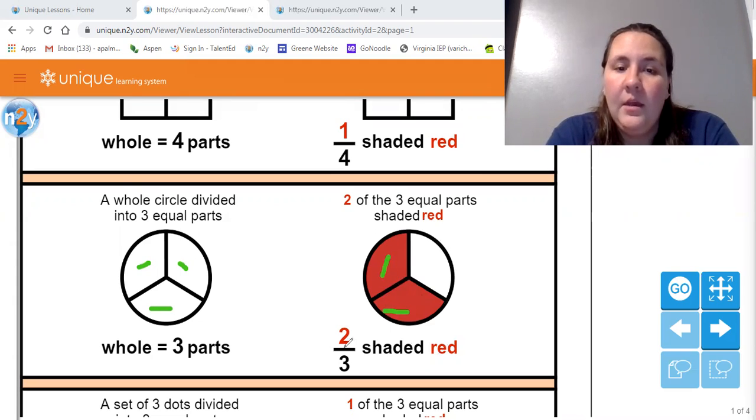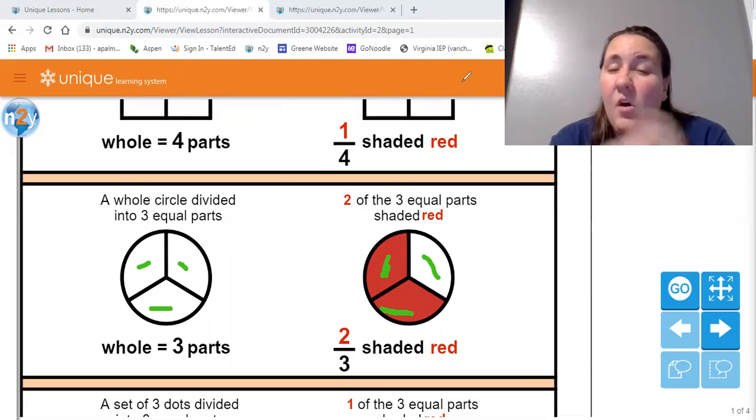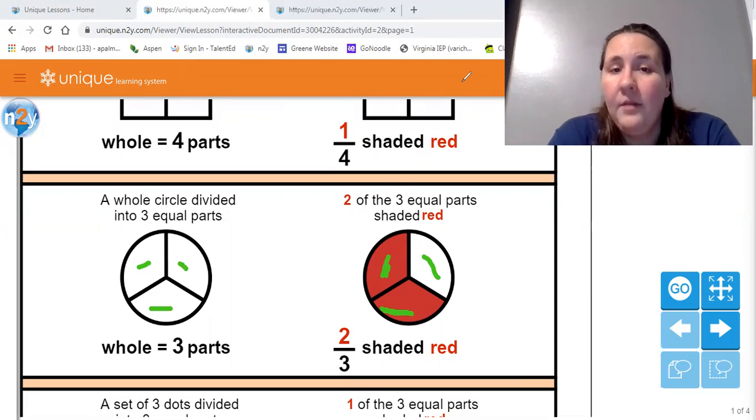So you can see here's my number 2 for how many are colored in or shaded red. And then I need to know how many are all together, how many pieces are in the pizza. So I count again. 1, 2, 3. Okay, 3 all together. My big number, my whole pizza, how many pieces are in the whole thing, always goes down on the bottom, okay?